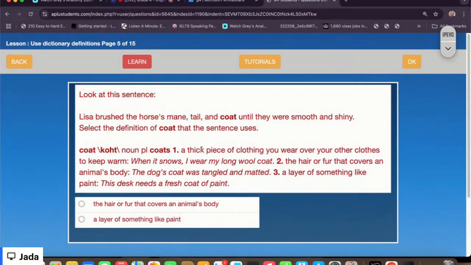Now: Lisa brushed the horse's mane, tail, and coat until they were smooth and shiny. So select the definition of coat that the sentence uses. The hair or fur that covers an animal's body, or a layer of something like paint. Which is the right one?